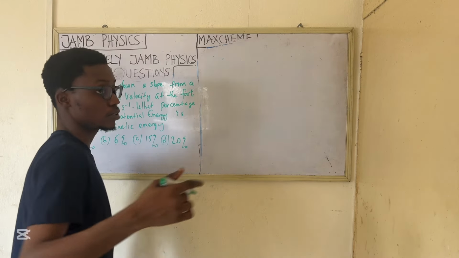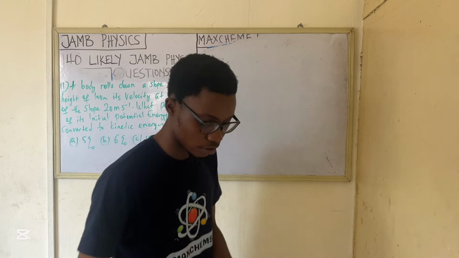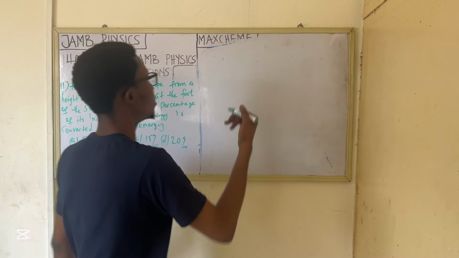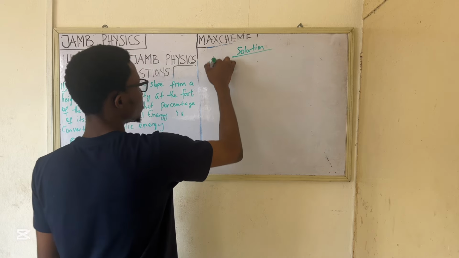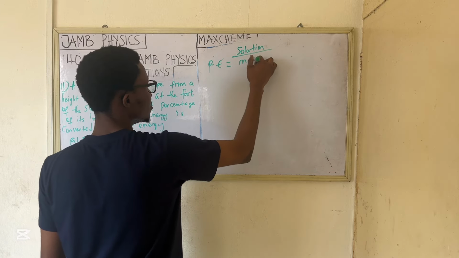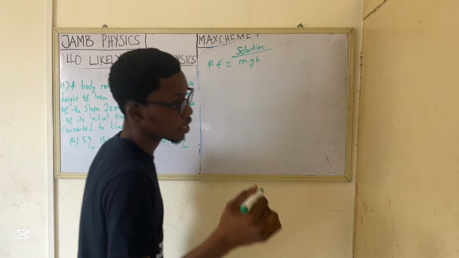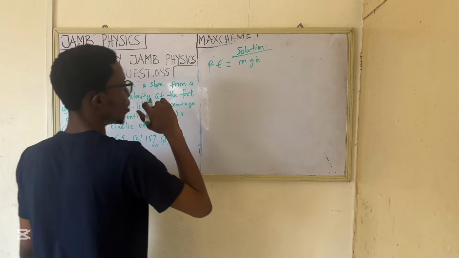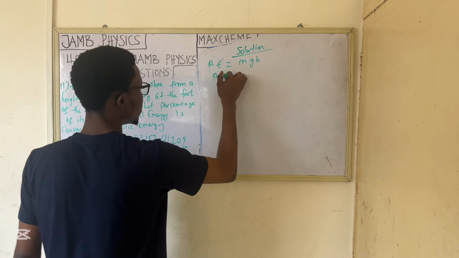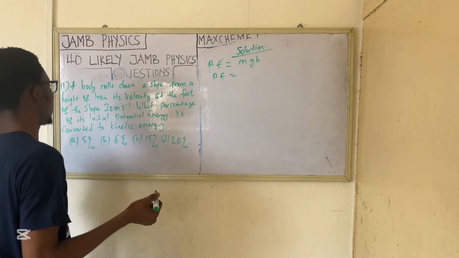So this is how we do it. You have to calculate your potential energy and calculate the kinetic energy. Potential energy is equal to mgh, right? Mass times gravity times height. We don't have any mass here, okay?